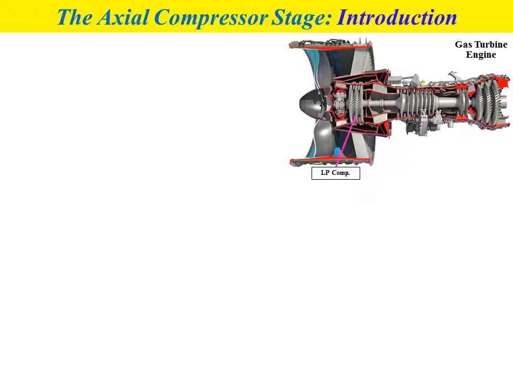In terms of the main components of the gas turbine engine, for this figure we have the low pressure compressor, LP compressor, high pressure compressor, high pressure turbine, and also low pressure turbine. For this slide we want to concentrate on the low pressure compressor and also the high pressure compressor.